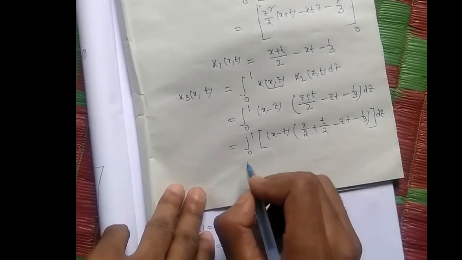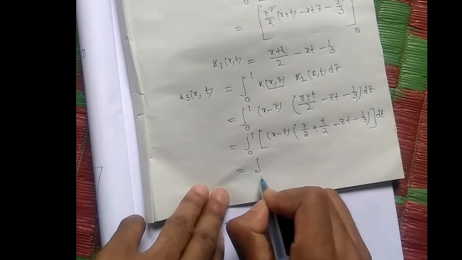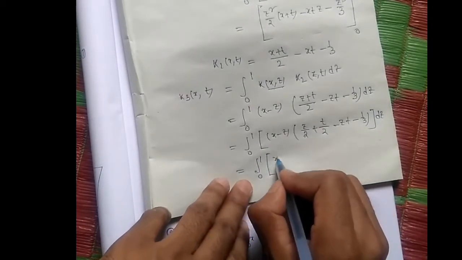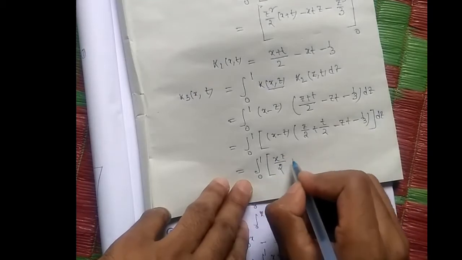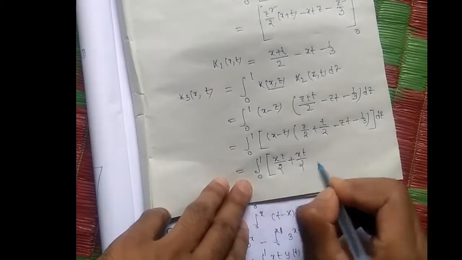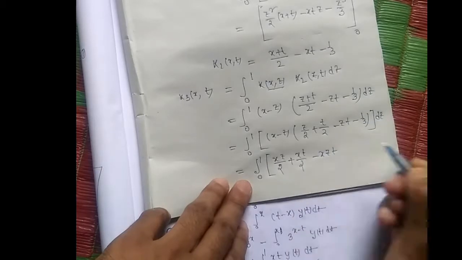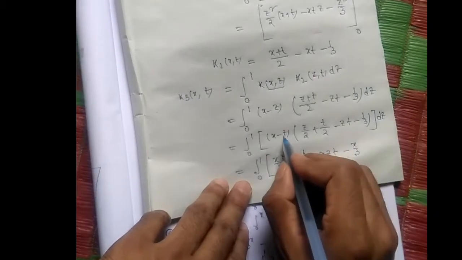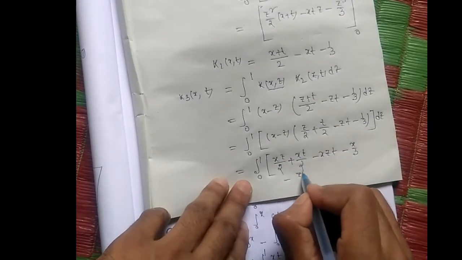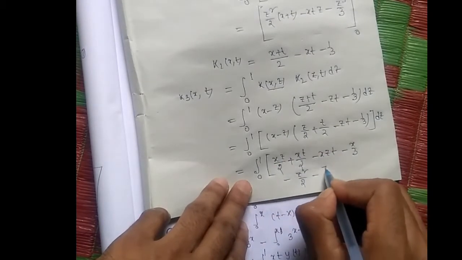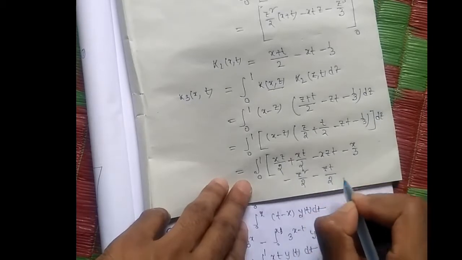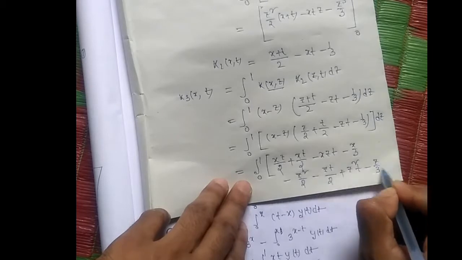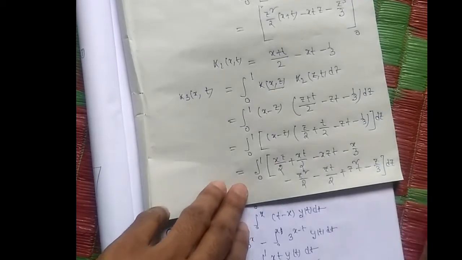Now I can multiply this. First of all, we arrange it like this: z by 2 plus t by 2 minus zt minus 1/3 dz. If we multiply by x, this is xz by 2 plus xt by 2 minus xzt minus x by 3, then by z, so minus z square by 2 minus zt by 2 plus z square t minus z by 3 dz.